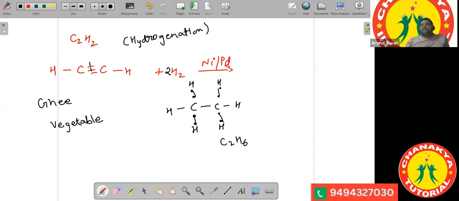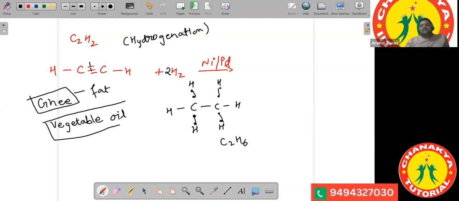Vegetable oil is obtained from vegetables, ghee is obtained from milk. But chemically, ghee is also a fat, and vegetable oil is also a fat. So can you guess what is the difference between them? Any differences between them?